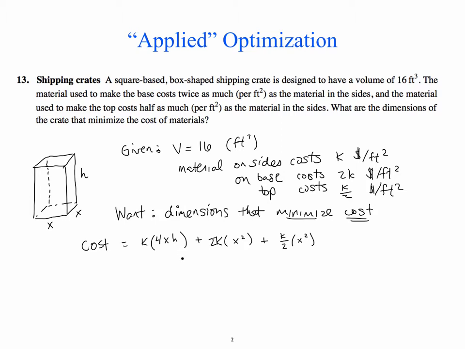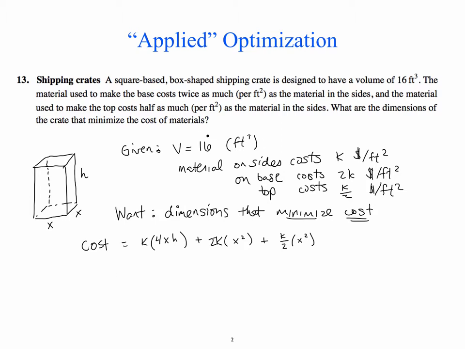So what I want to do is rewrite this cost function as a function of one variable, right? Because that's what we know how to work with right now. Most of these terms have x's, so I'm going to vote for getting rid of the h. But how do I do that?